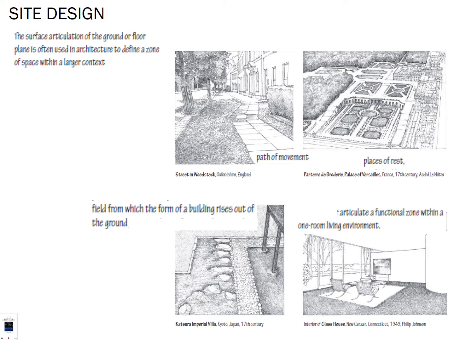So your topography, your site, it certainly relates to the building. And then on the interior, in the last slide here, articulate the functional zone within a one-room living room with the way the carpet is situated.